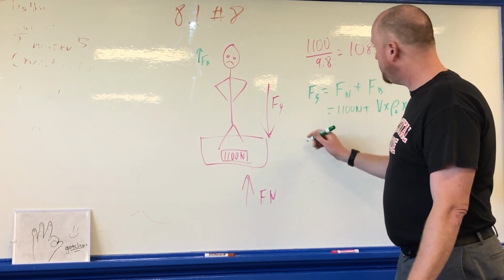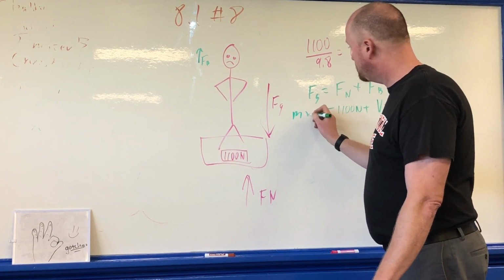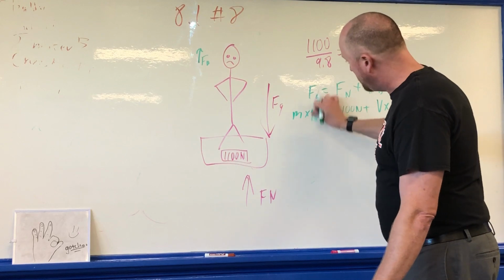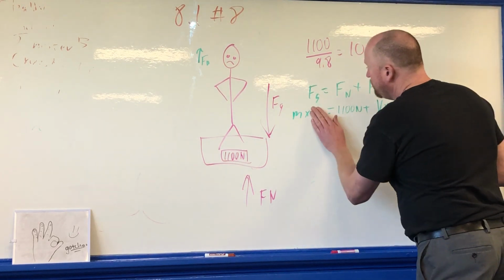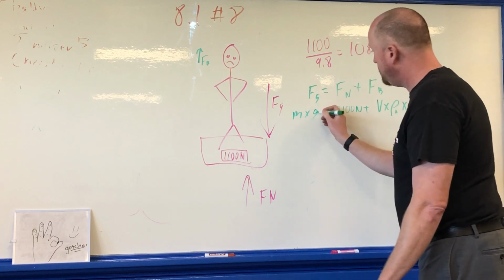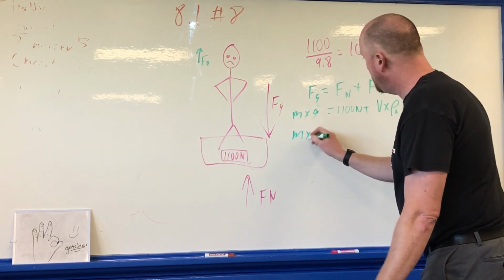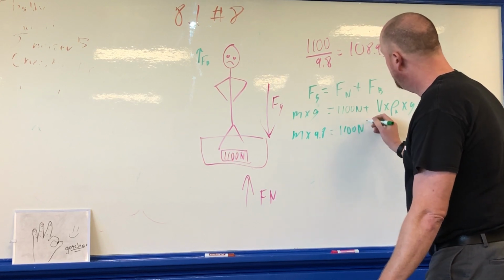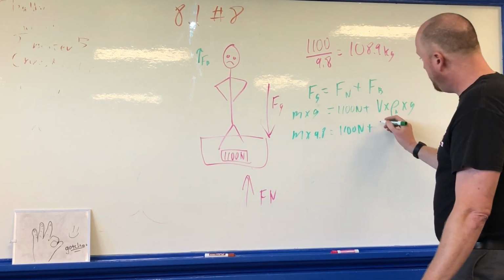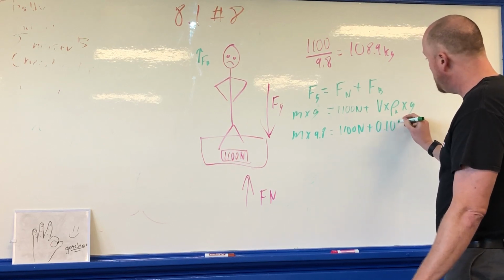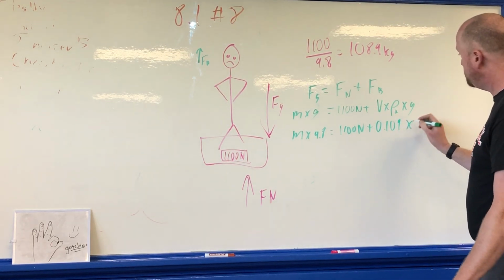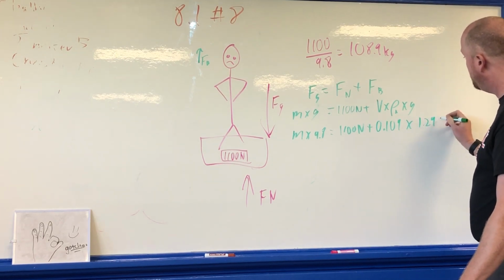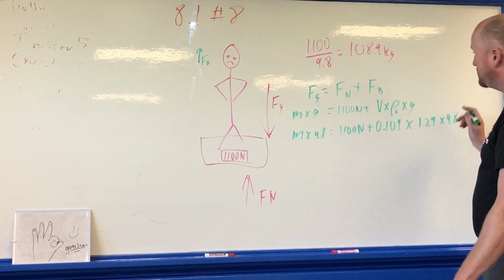And the force of gravity, of course, is my real mass times 9.8. So, my mass times 9.8 is equal to 1,100 newtons plus my volume, which was 0.109, times, don't forget that decimal point there, the density of air, 1.29, times 9.8.